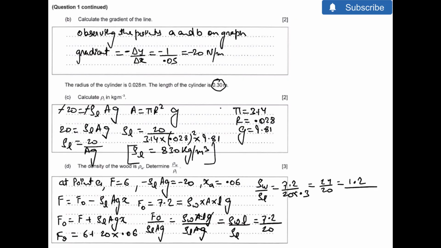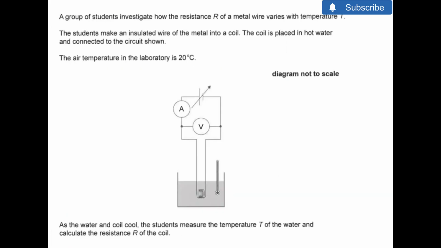Now we move on to the next question. In this question, you can see that a group of students investigate how the resistance R of a metal wire changes with the temperature. The students make an insulated wire from a metal into a coil, and the coil is placed in hot water, and it is connected to the circuit as shown.